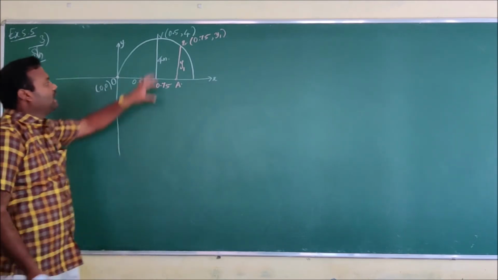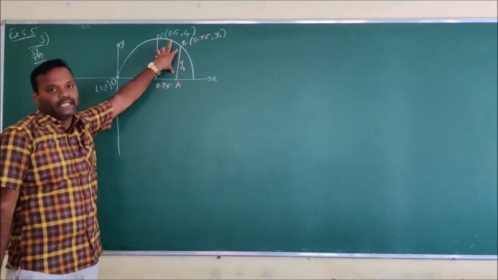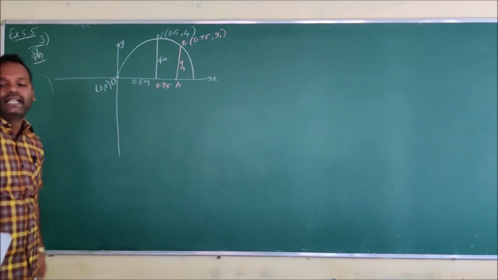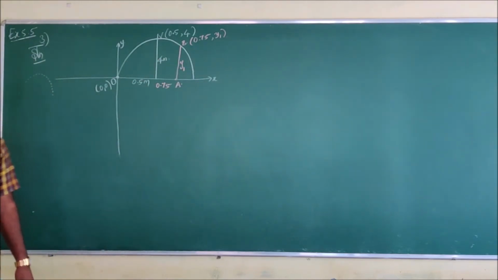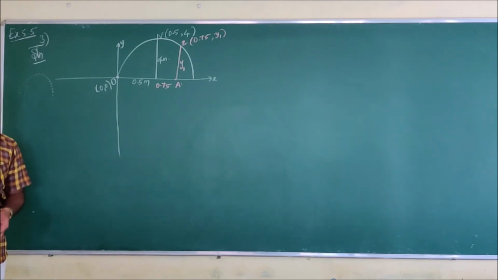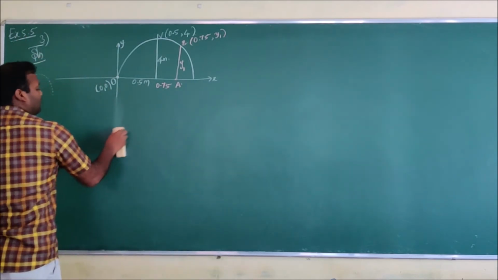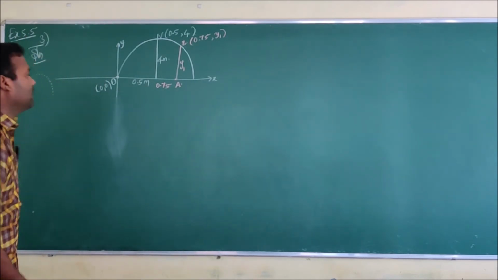Actually we need to find the height AB, which is nothing but y1, and we are using the non-standard type of parabola which is open downwards. So first I am going to write the type and then I am going to write the equation.